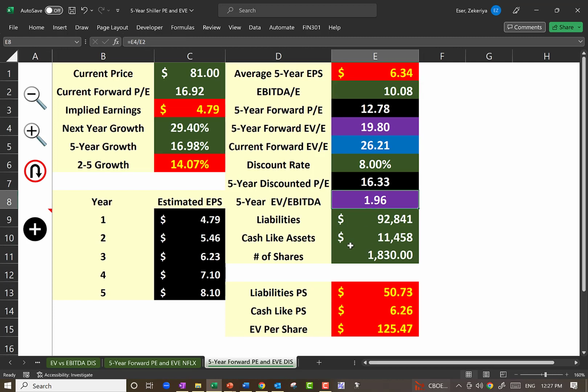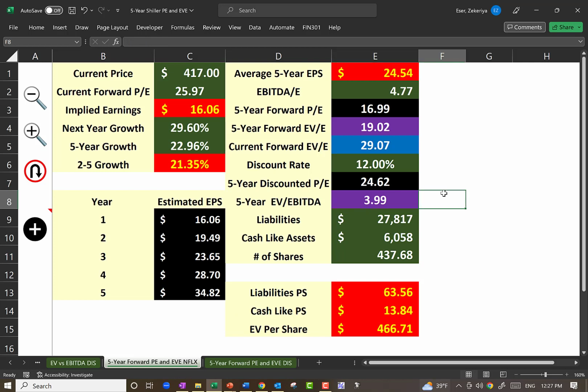Now, looking at this, again, don't take those ratio of EBITDA over E too seriously yet, because we really need to analyze those numbers. But for now, mechanically, Disney has an EV over EBITDA of 196, and Netflix is 399.